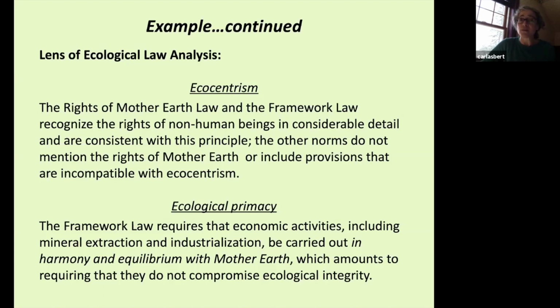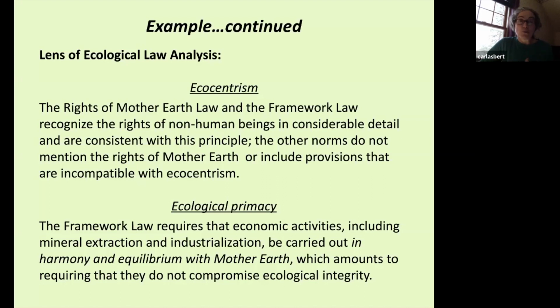So these really were examples of ecological law and of ecocentrism. However, other norms in that set didn't even mention the rights of Mother Earth, or even included certain principles or norms that really were not compatible with ecocentrism.